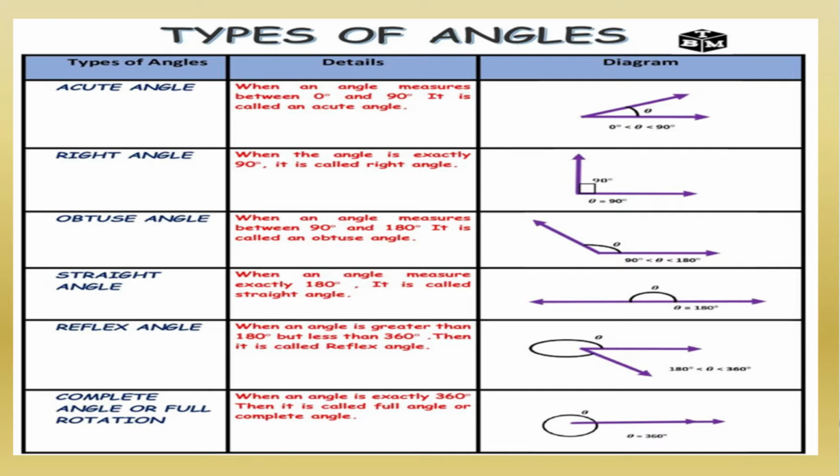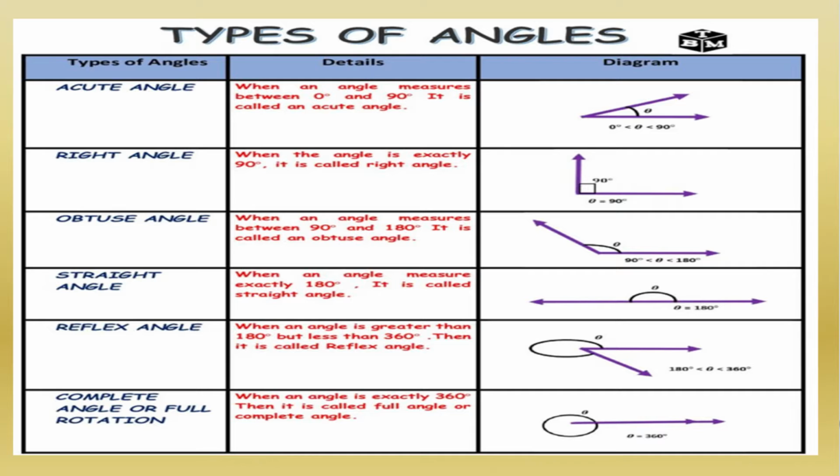Obtuse angle: when an angle measures between 90 degrees and 180 degrees, it is called an obtuse angle. Straight angle: when an angle measures exactly 180 degrees, it is called a straight angle. Reflex angle: when an angle is greater than 180 degrees but less than 360 degrees, then it is called a reflex angle.